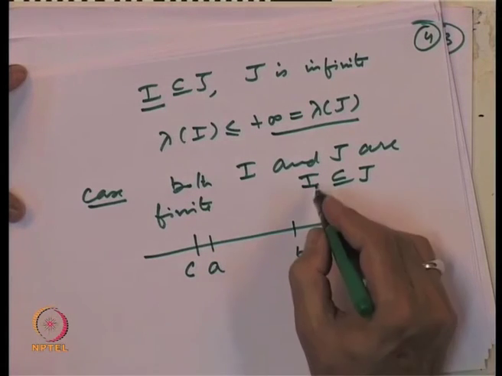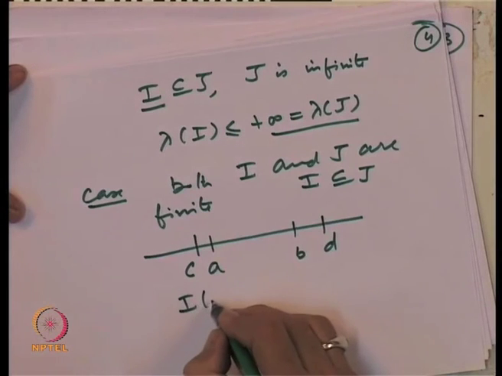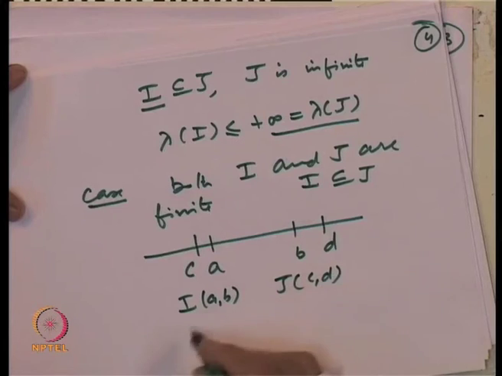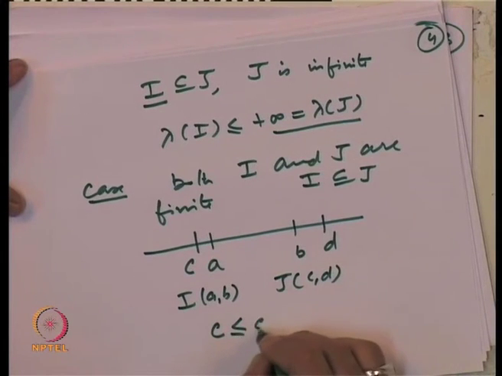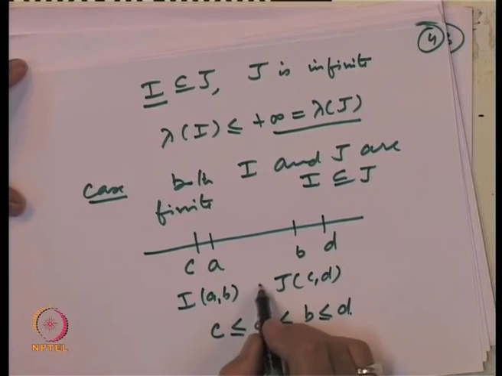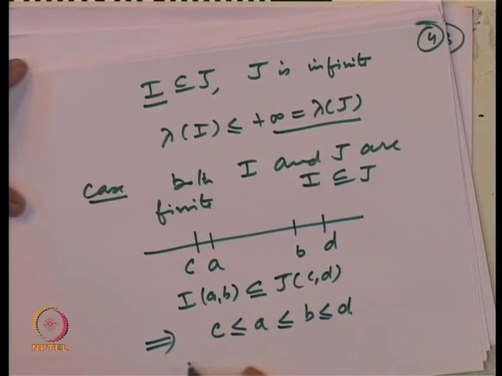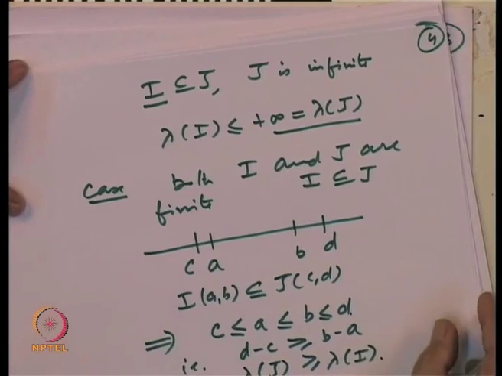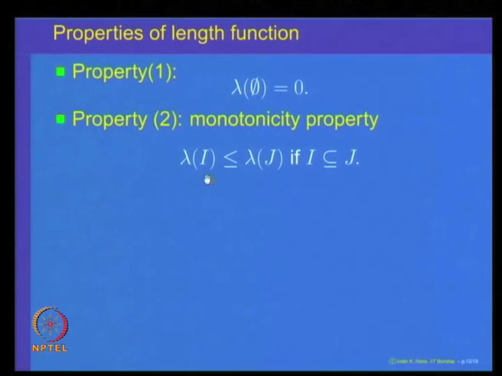So, if I is with endpoints a, b and j is with endpoints c, d, then we should have c is less than or equal to a, less than or equal to b, less than or equal to d. So, this implies that d minus c is bigger than or equal to b minus a, and that is saying that the length of j is bigger than or equal to length of I. So, the monotone property is checked.